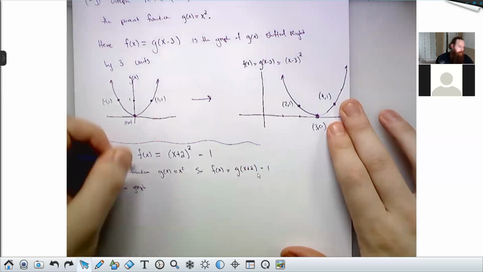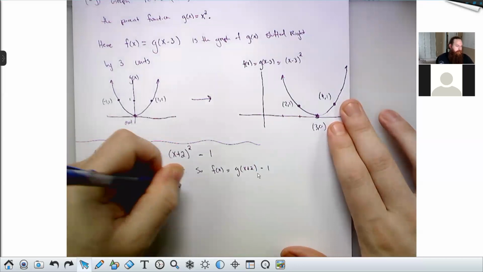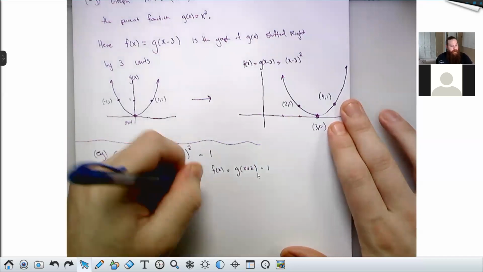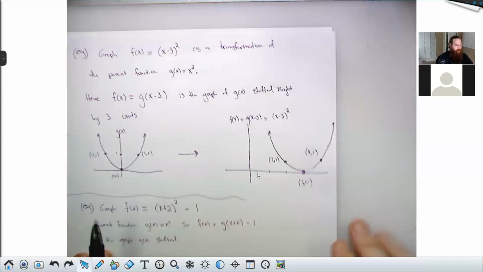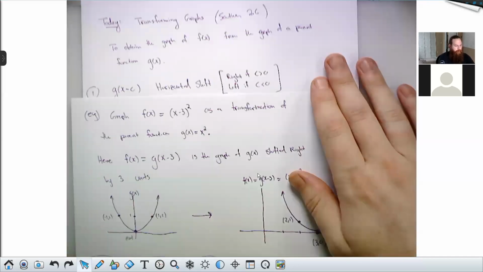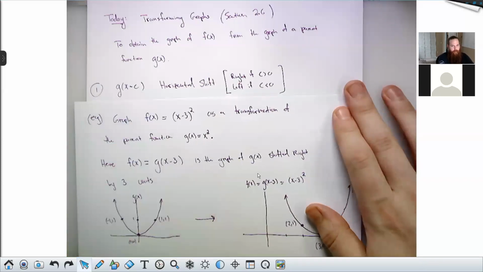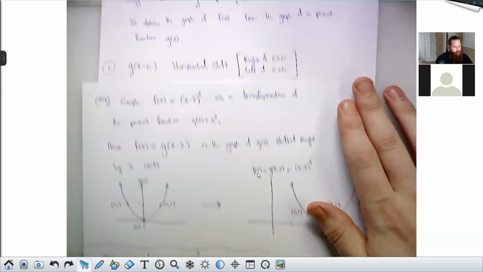So f of x is the graph of g of x. We've got two shifts here. It shifted left by 2. Not right, but left. Because remember in the formula, the recipe for these shifts, x minus c. Well, here I've got x plus 2. That's the same as x minus negative 2.